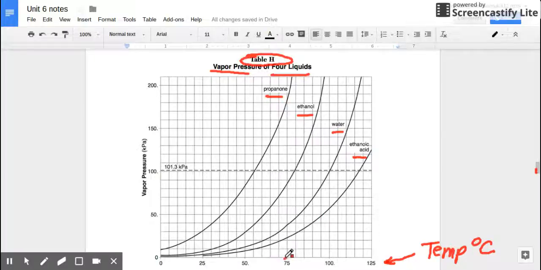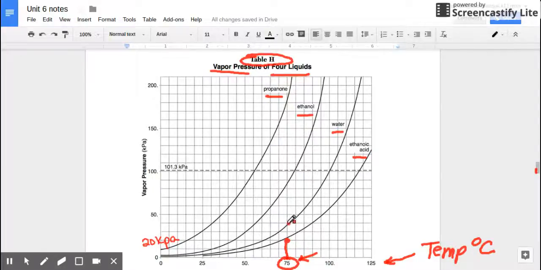So let's take 75 degrees right here, 75 degrees Celsius. And if you look at 75 degrees and you follow it up, you'll see that ethanoic acid basically has a vapor pressure of 20 kilopascals. That's a unit for pressure, 20 kilopascals at 75 degrees.